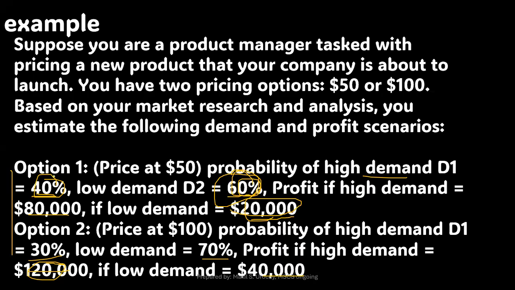So your expected value, that you've actually identified earlier, is 0.4 times the high demand, which is 120,000, plus the low demand, which is 60%, 0.6 times 20,000.